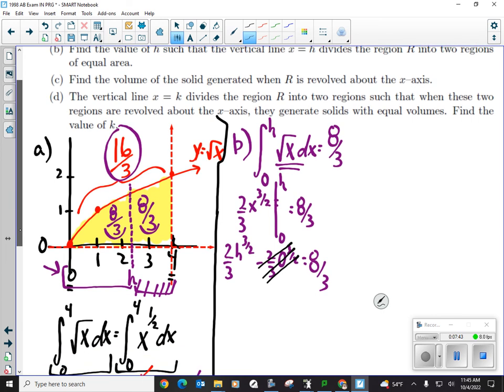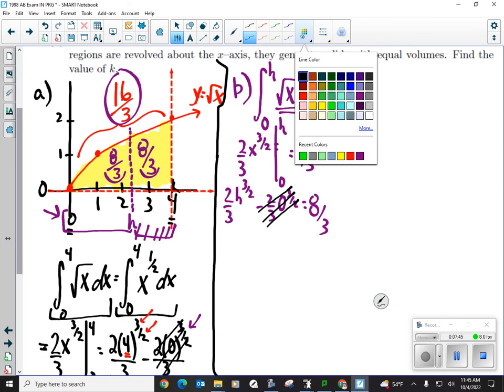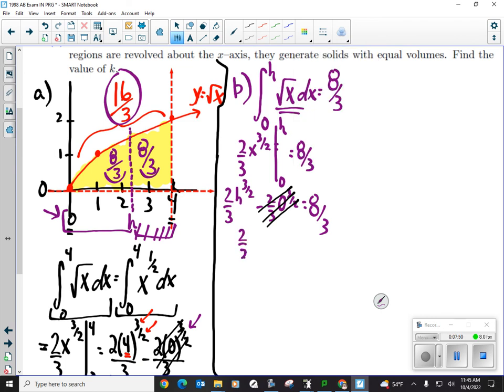So when everything's all said and done, I have 2/3 h to 3/2 equals 8/3. If you know anything about fractions, you know that if all the fractions in the bottom are the same, they go bye-bye. So now I've got 2h to the 3/2 equals 8.